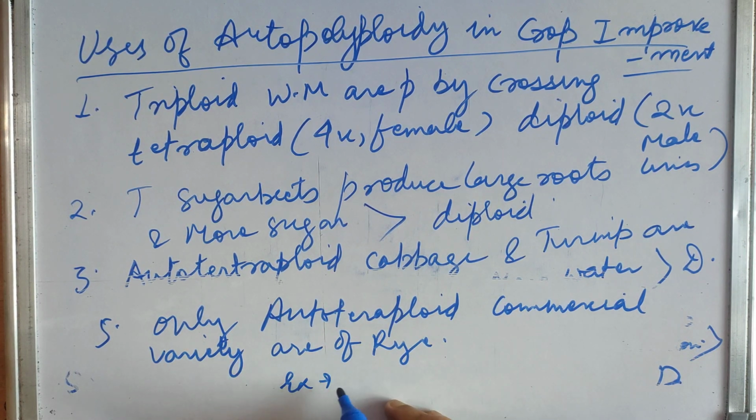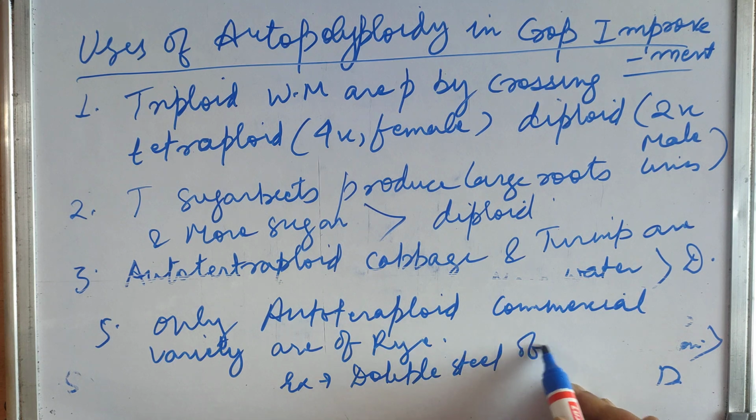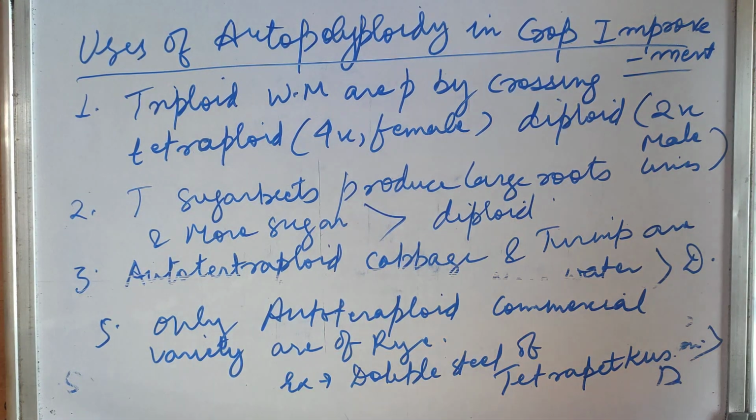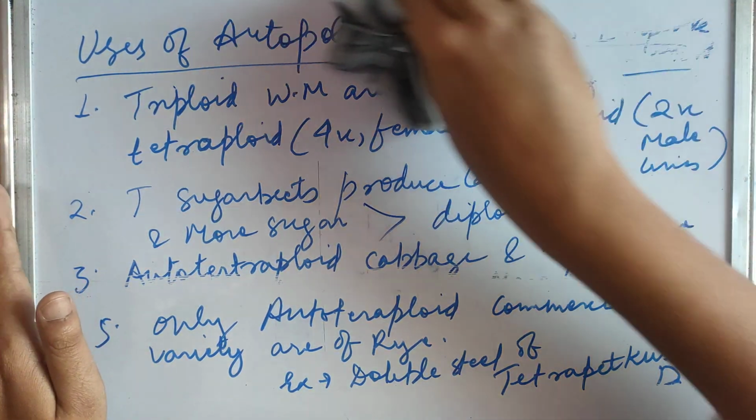Example, that is double steel of tetrapecus. So these were the uses of autopolyploidy.